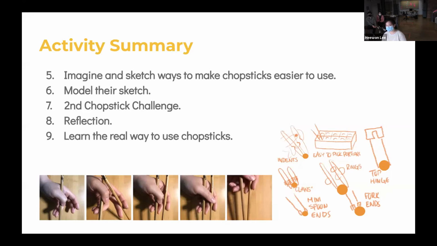Then we'll host a second chopstick challenge where they will repeat the same process, but using their modified chopstick. So we could see a before and after effect of how their modification improved the chopsticks. After the second challenge, we'll have a reflection session on how everything went and whether they enjoyed it or not. And by the end of the class, we'll teach them the real way to use chopsticks.